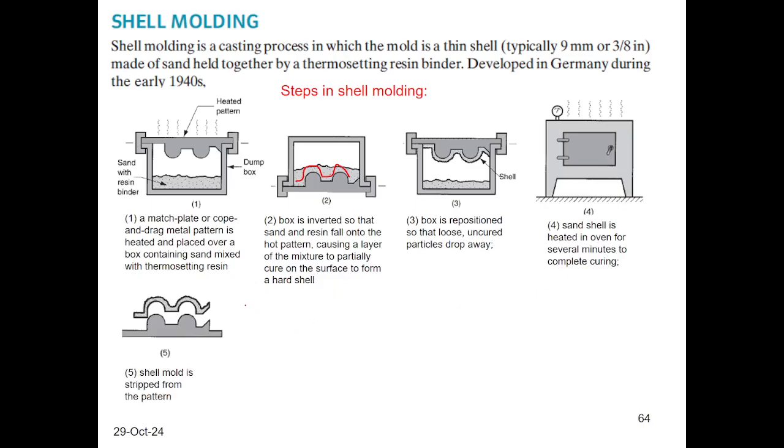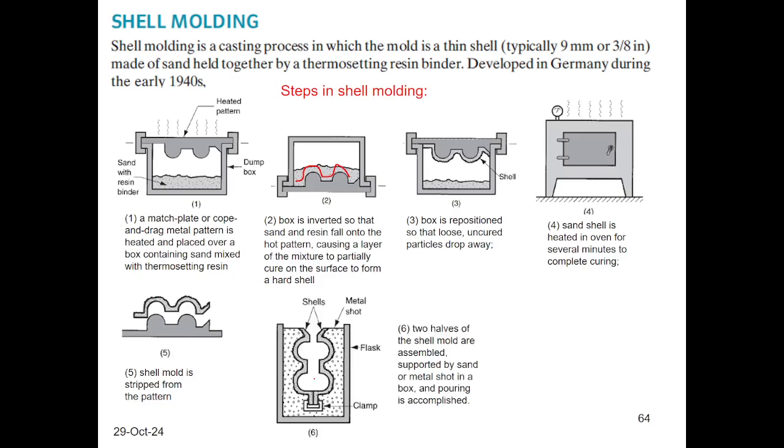After the curing stage, the shell is stripped from the pattern, and then it is positioned into a box, into a flask, by using metal shots. This part is not made of sand particles, it is made of metal.